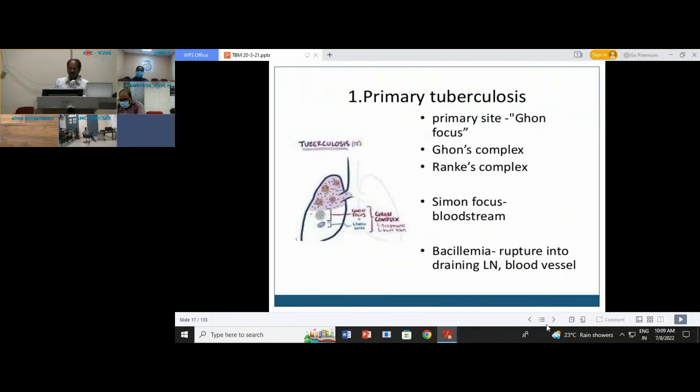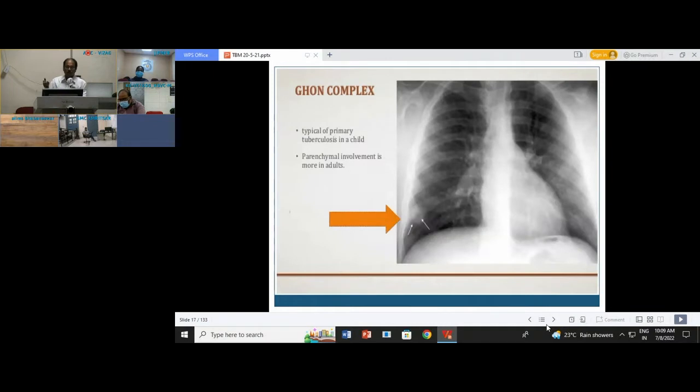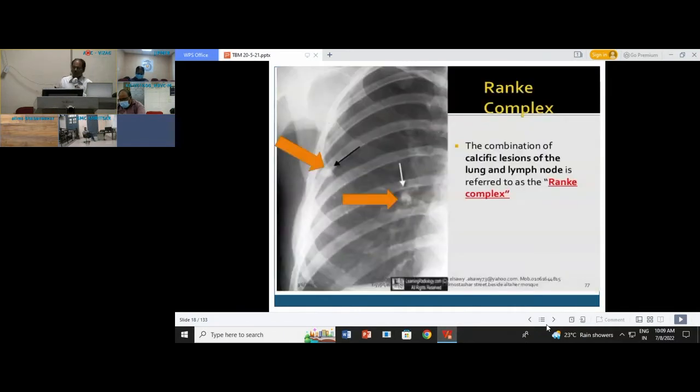This is the Ghon's focus, the typical primary tuberculosis in a child. The parenchymal lesion is more common in adults. Ranke's complex is a combination of calcific lesions of the lung and the lymph node.